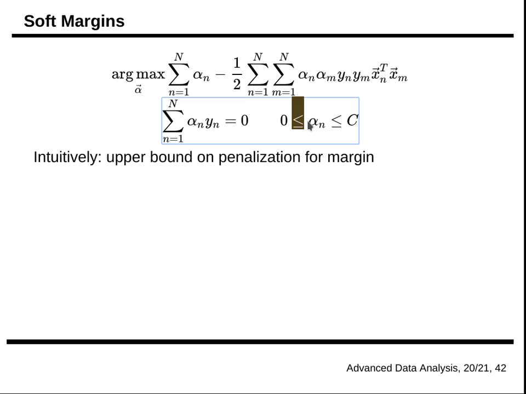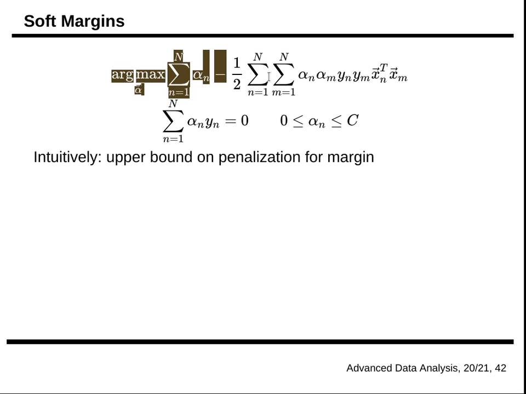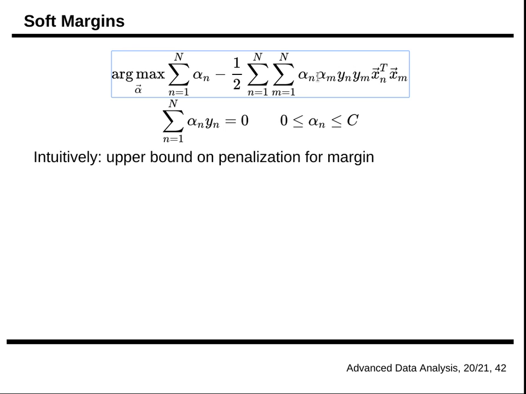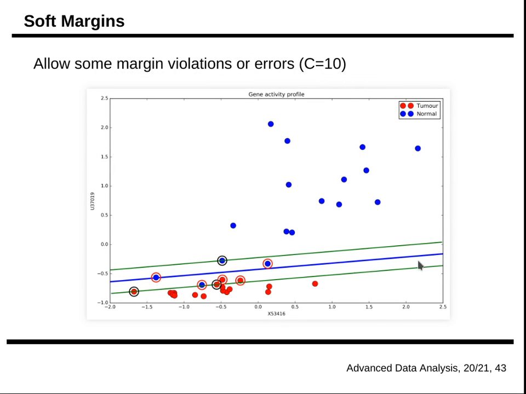They must be greater than or equal to 0, but they cannot be larger than C. So we can think of this regularization factor as setting an upper bound on the penalty that we can give for violating the margin. So now this will no longer shoot to infinity, because even if there are violations of the margin, the alphas for those points will stop at C, and we can now solve this kind of problem.